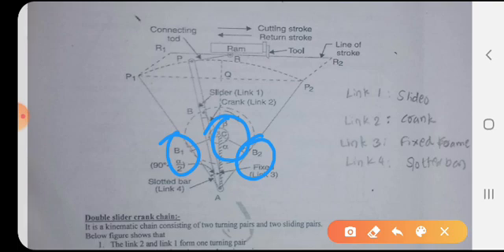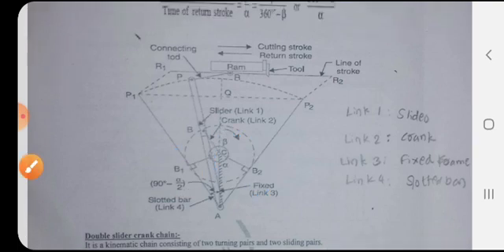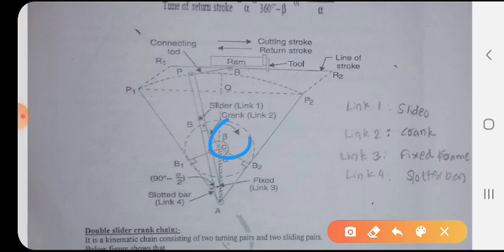This is the angle beta, in the clockwise direction.